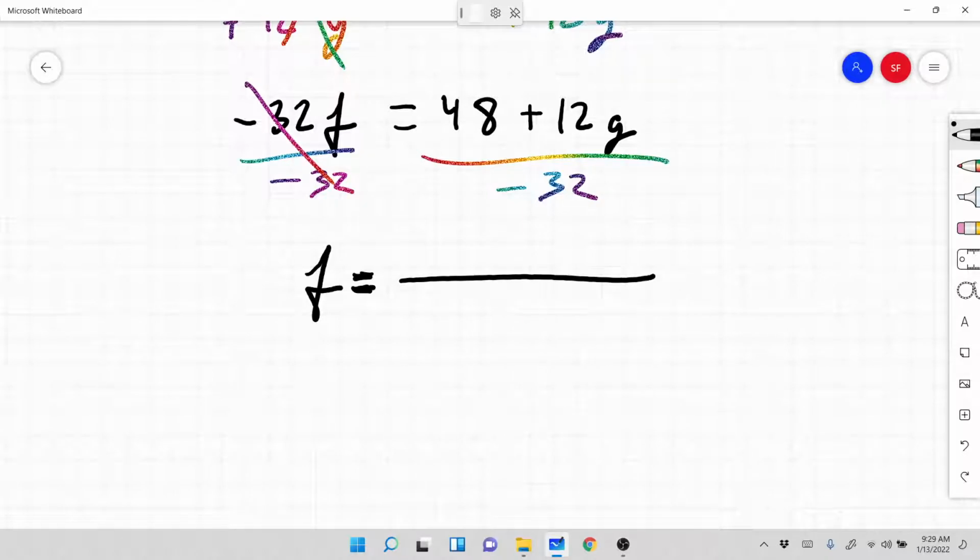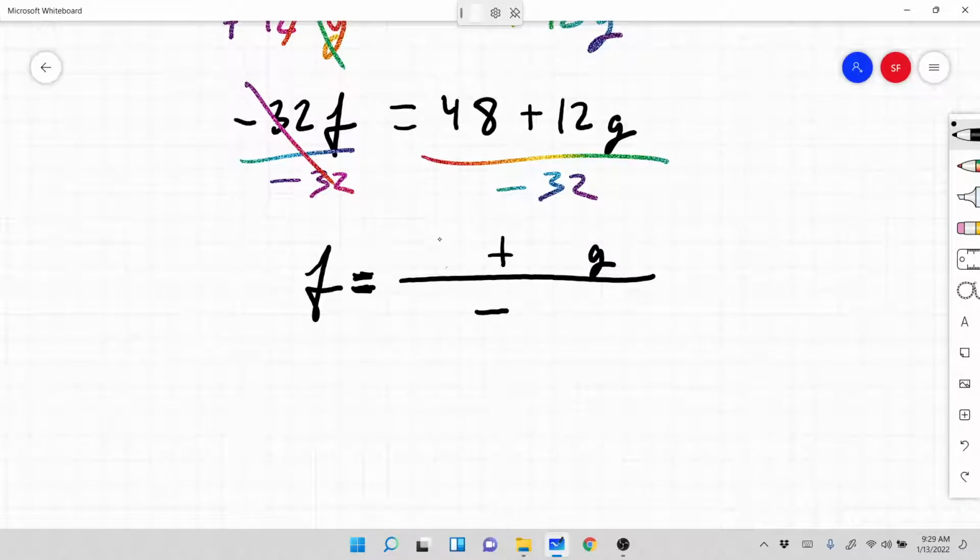That's 8, isn't it? Yes. 8 plus 2G over negative... 36 doesn't go into 32. Dang it. So watch this magic. Just kidding.